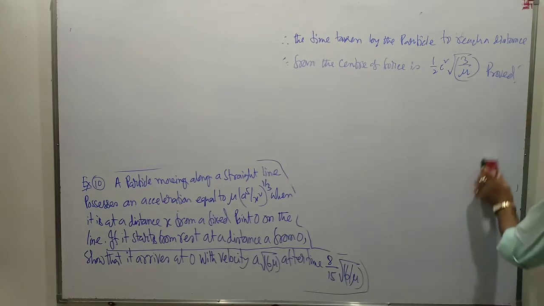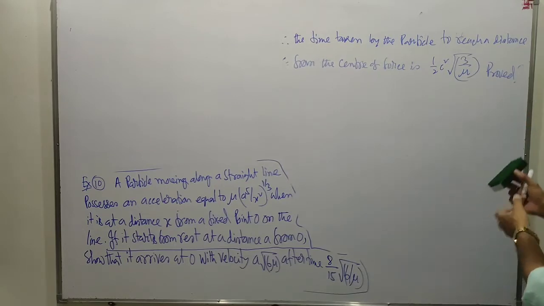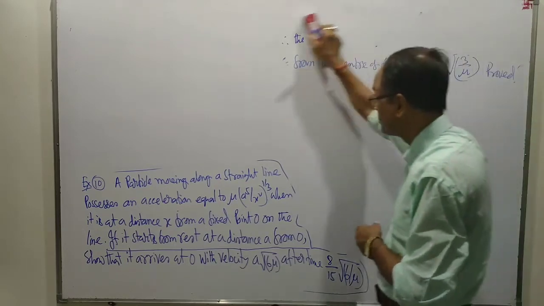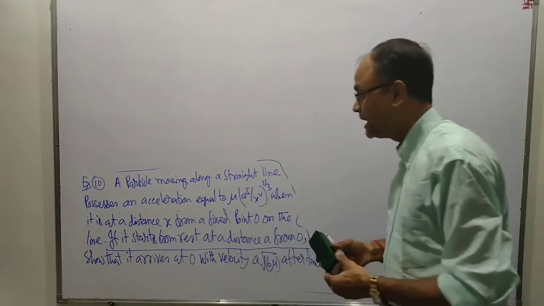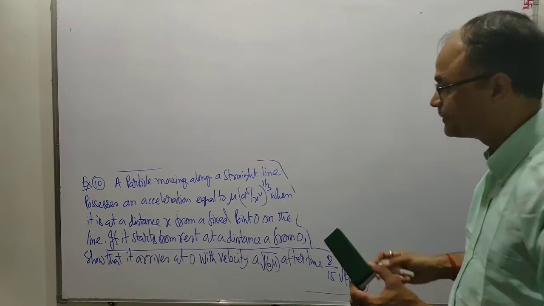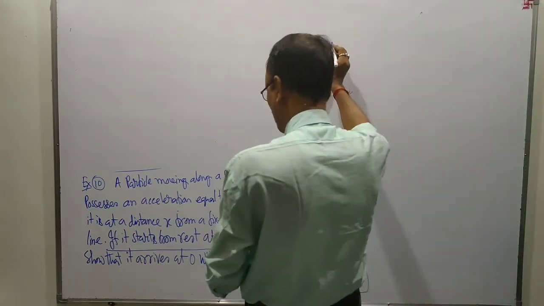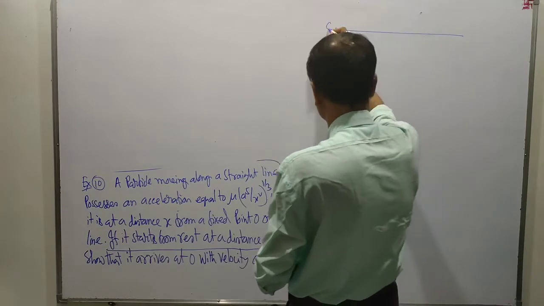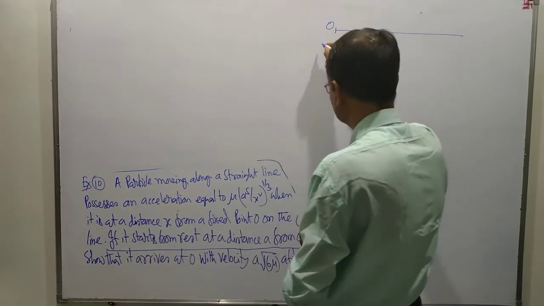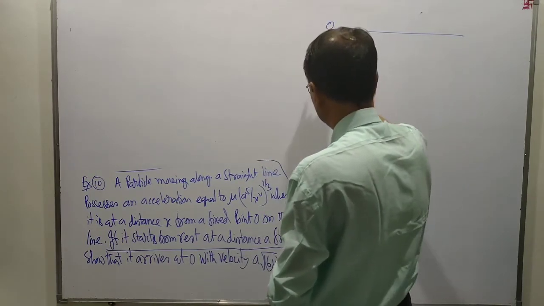Just a very simple question. A particle moving along a straight line. Suppose O is the fixed point, which is called the center of force.